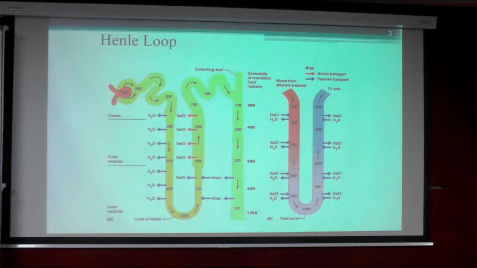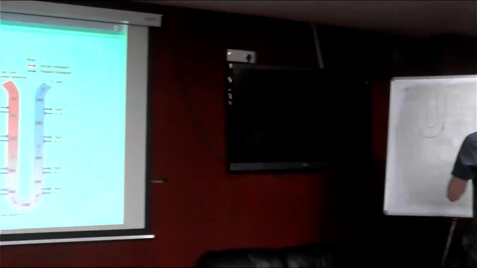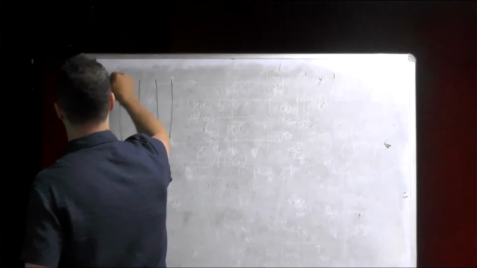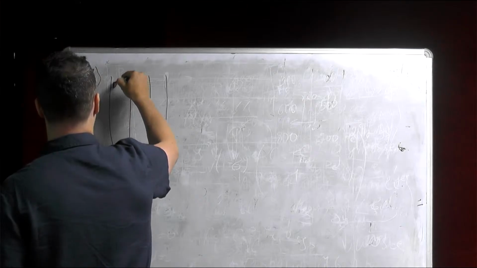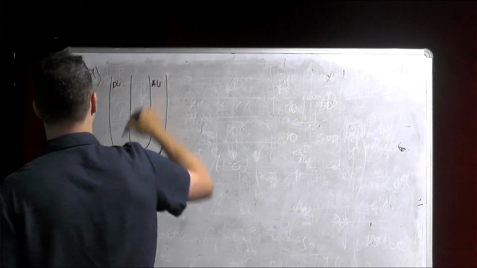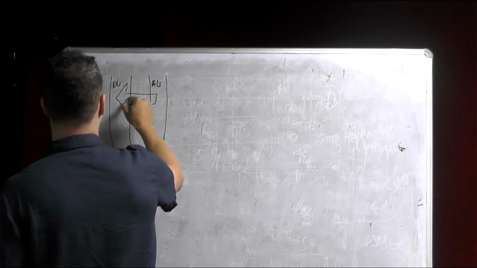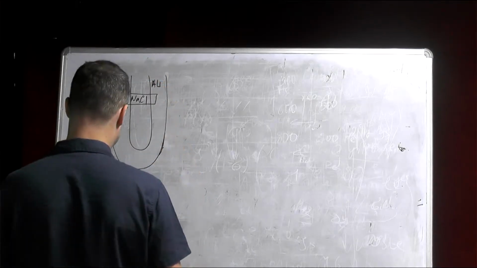All right. Now let me see. So in the first assumption, when there is a modeling of the Henle loop, so this is a descent loop, and this is the ascent loop, and they are so close to each other that the transport of the solute goes across the membrane, so it does not end up in the extracellular space.